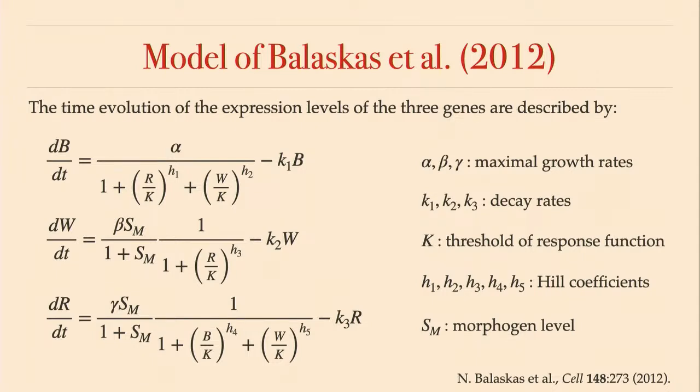So essentially, you have 3 equations for the expression levels of these 3 genes, B, W, and R. The production of B is going to be inhibited by R and W, right?